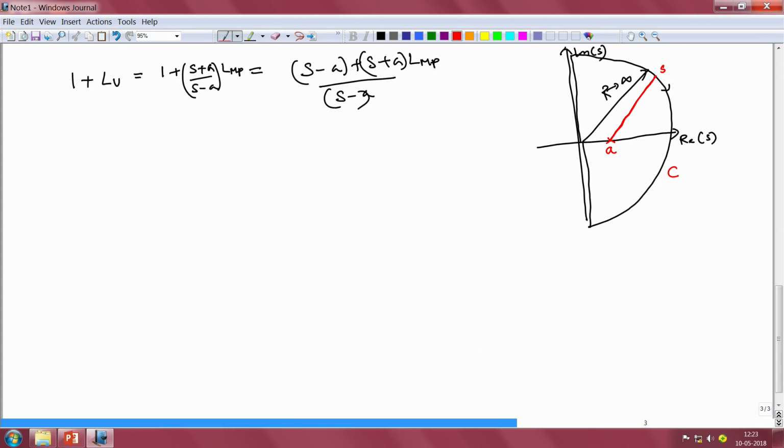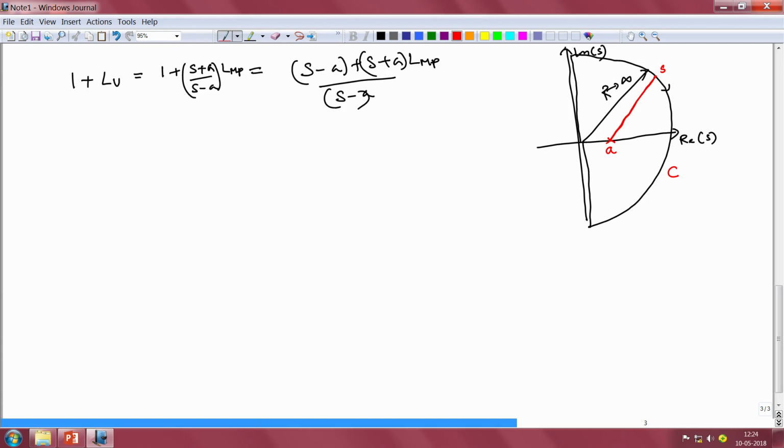Now when we take the s variable along this contour in the clockwise direction once, we note that the phasor s minus a will go round itself once, or in other words it will execute a change in angle of 2 pi radians.